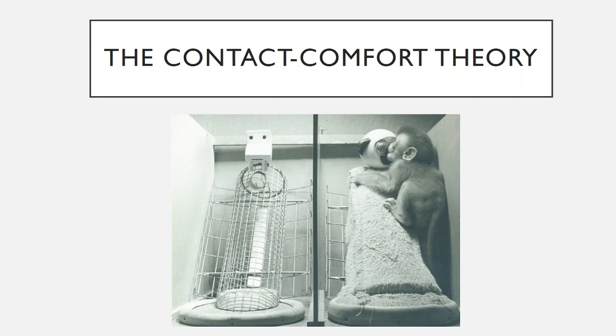On the right is a cuddly monkey mom covered with a soft cloth that was nice for snuggling, but no milk. The data collected was basically where the baby monkeys wanted to spend their time. Lo and behold, Harlow's idea that there's something important about physical comfort was borne out in the data, as indicated by the fact that the infants pretty exclusively wanted to spend their time with the right cuddly cloth monkey mom.